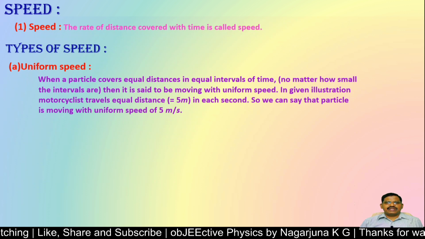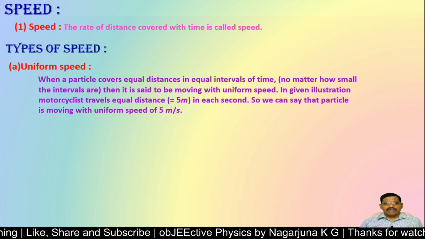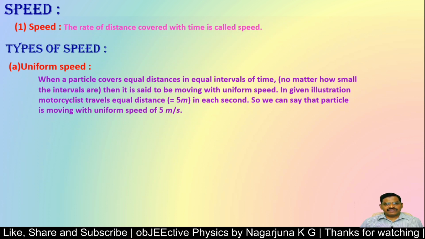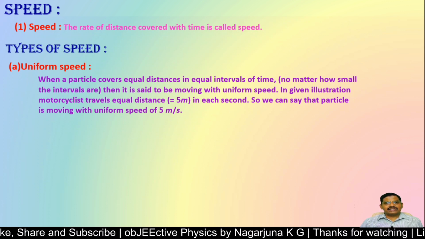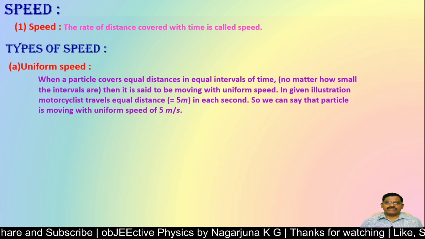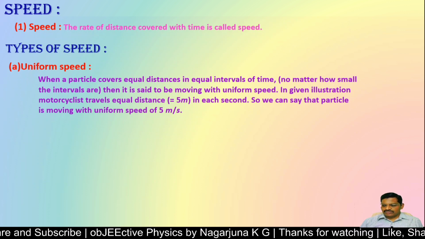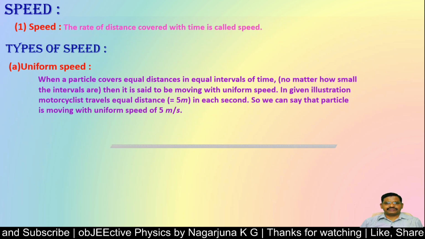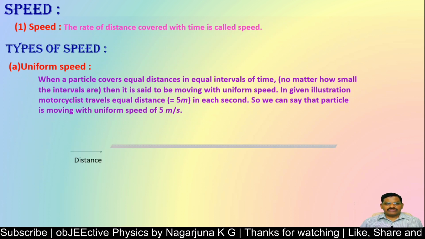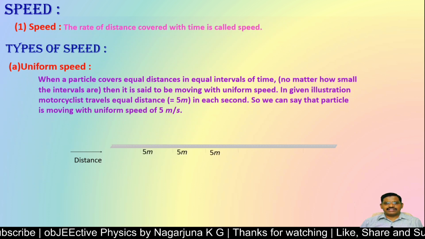Uniform speed is nothing but when a particle travels equal distances in equal intervals of time, then the particle is said to be moving with uniform speed. Now you observe the example. This is the road path, and first you observe the distances.